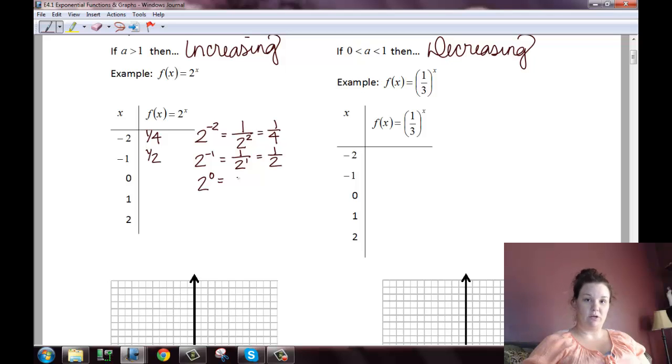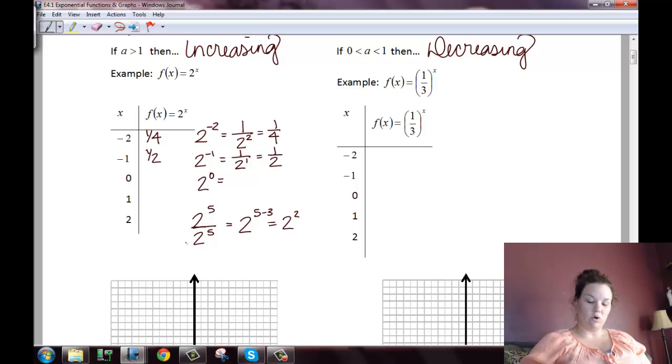And the reason why, I'll give you a quick little proof of that. Remember if we had something like 2 to the 5th over 2 to the 3rd, this is the same as 2 to the 5 minus 3, right? If we bring this one to the top, which gives me 2 squared. Okay, I want to use the same idea, but what if this was a number over itself? What if this was like 2 to the 5th over 2 to the 5th?